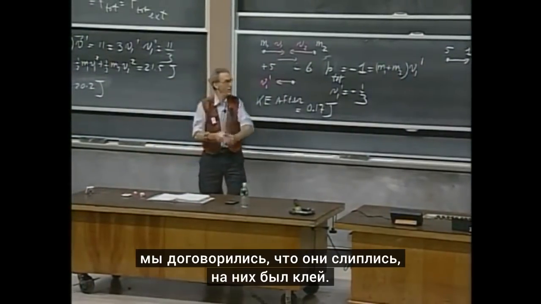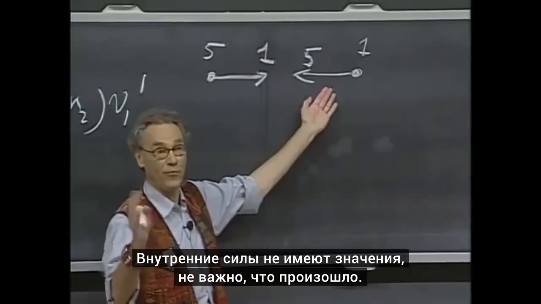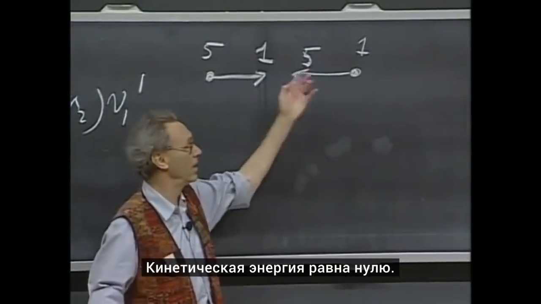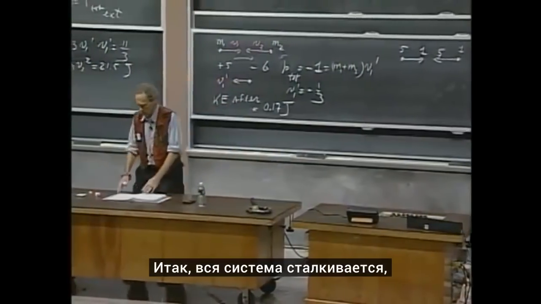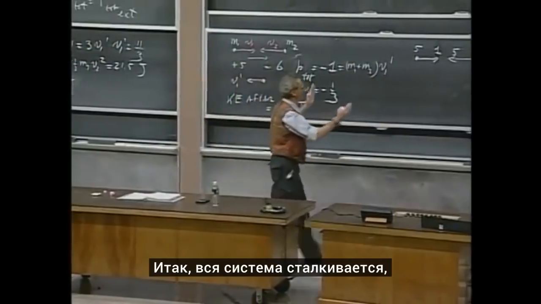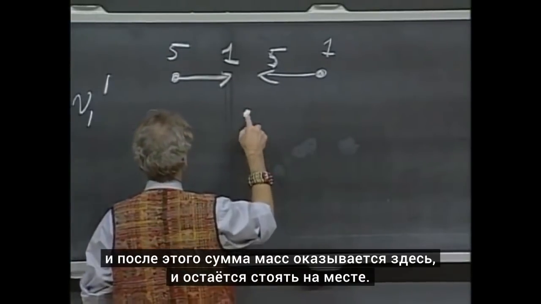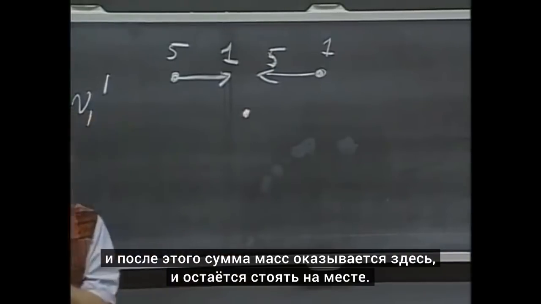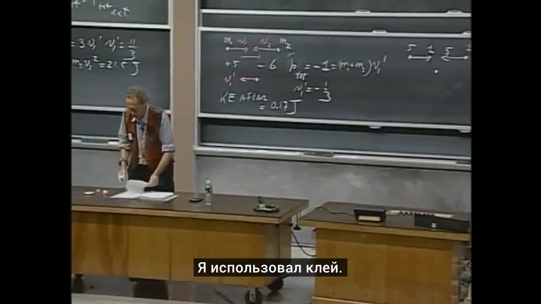There was glue on it. Momentum afterwards must therefore still be 0. Internal forces don't matter, no matter what happens. Kinetic energy is 0. So the whole system collides, bing, and afterwards you have the sum of the total masses, and it just stands still, because I told you that they are going to stick together. I used glue.